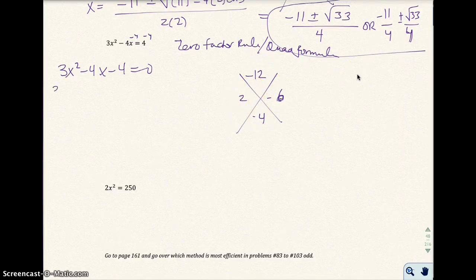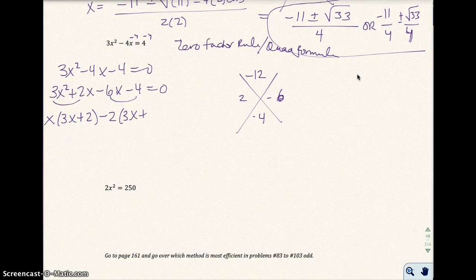So I'm going to factor this left-hand side and finish that up. I get 3x plus 2 and x minus 2. So the 2 factors are 3x plus 2 and x minus 2 equals 0.